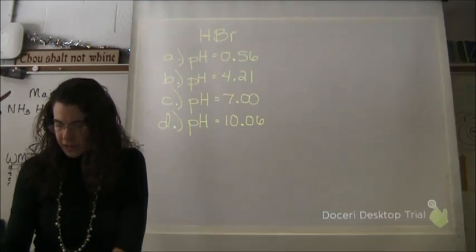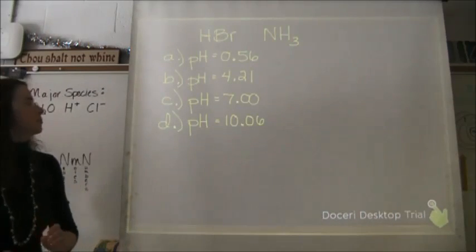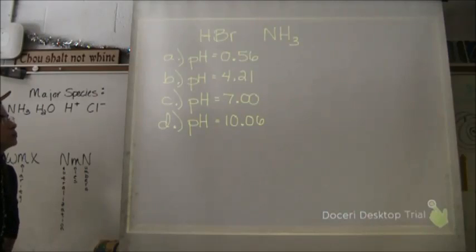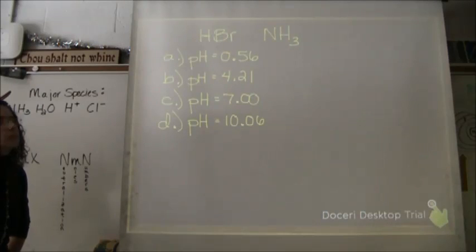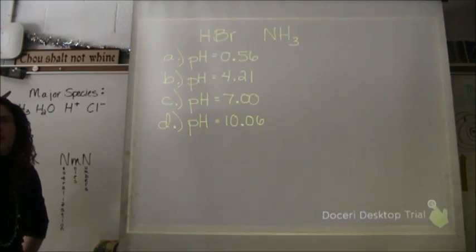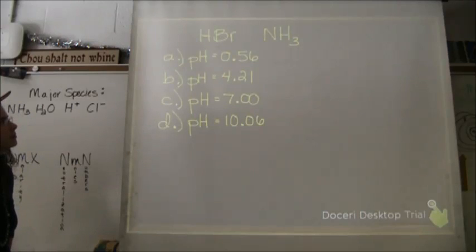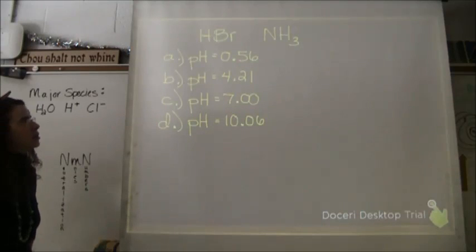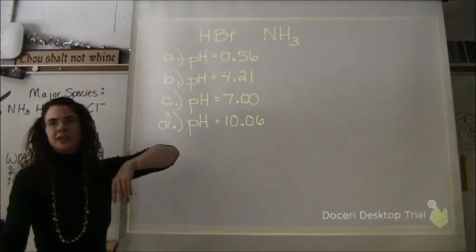How about this? B as in boy or D as in duck? Look at the nature of these things being added. Strong acid, weak base.